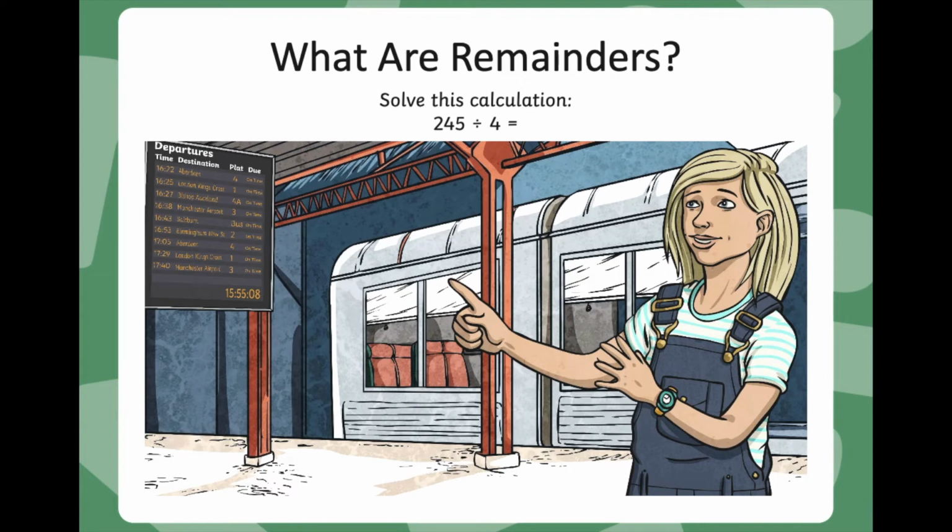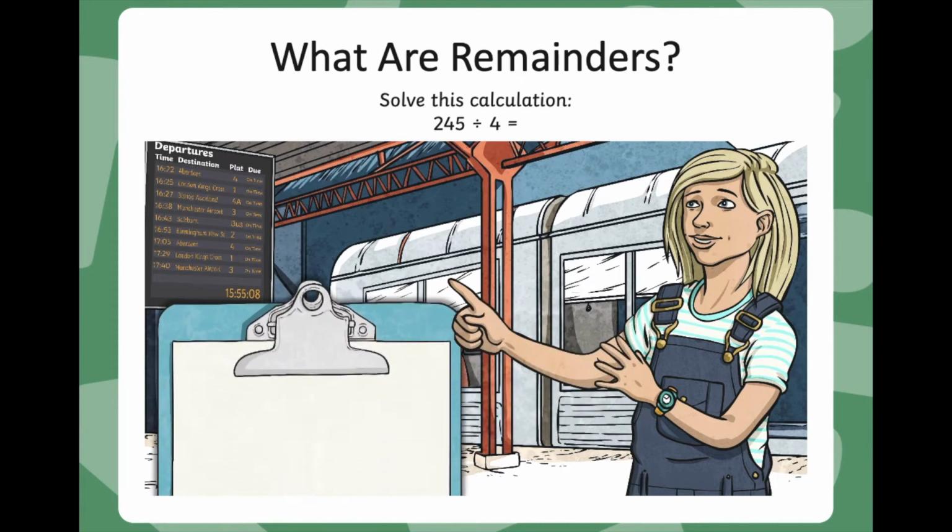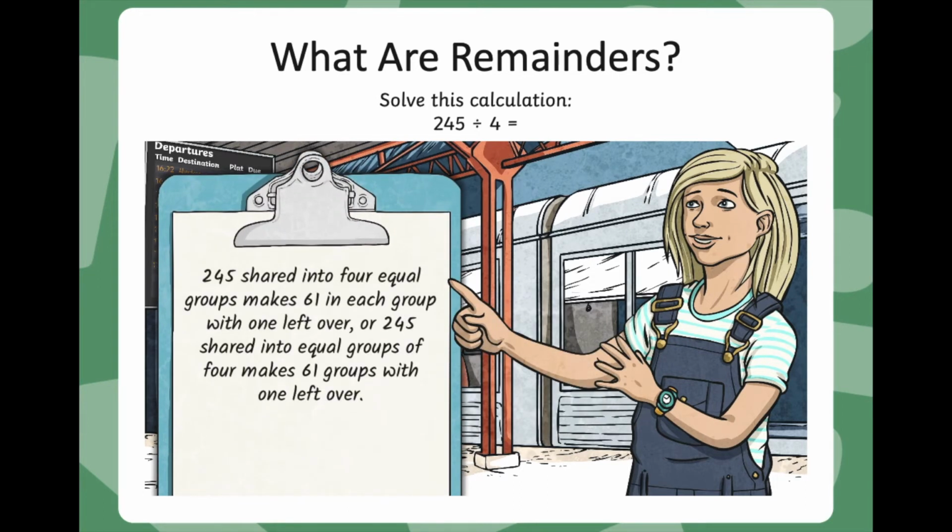What are remainders? Pause this video quickly and solve this calculation: 245 divided by 4. And let's have a little look at that one. So what does this mean? 245 shared into 4 equal groups makes 61 in equal groups with 1 left over.